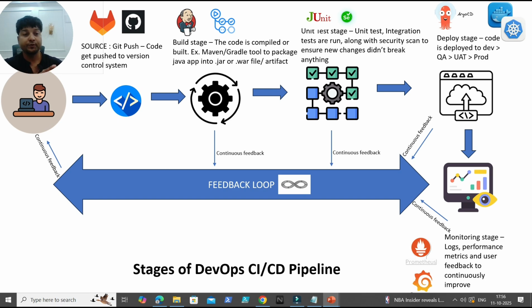Fifth is reduced risk. Once you have a CI/CD pipeline, it also has features like rollbacks. In case there are some issues based on your monitoring feedback, you can go ahead and roll back. So let's say a feature has been pushed and the users are getting impacted because a few of the features are not working as expected.